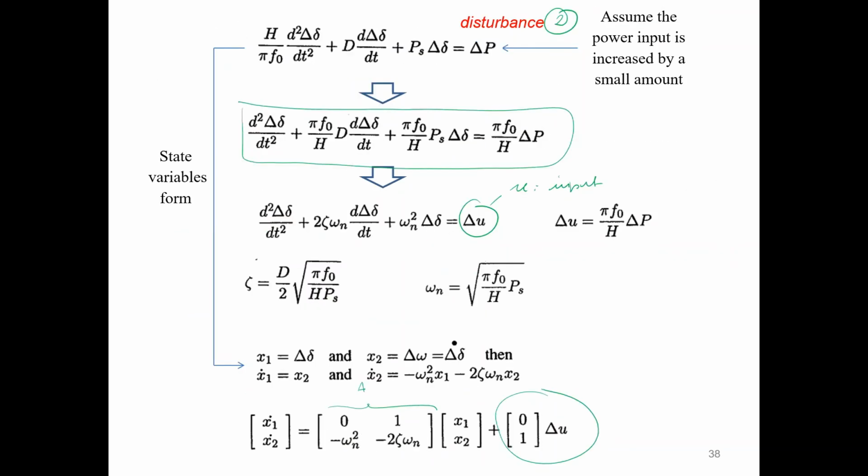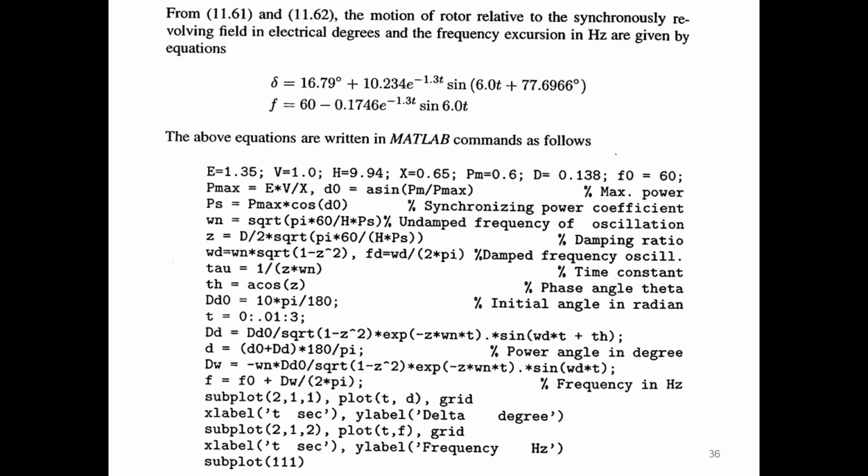Okay, in the first problem we also discussed the frequency, right? Frequency is a result when you determine the omega first, right? Because the omega is in radian per second, and you change this omega. This is a rotor angle with respect to the rotating frame, the synchronous rotating frame, you remember, okay?